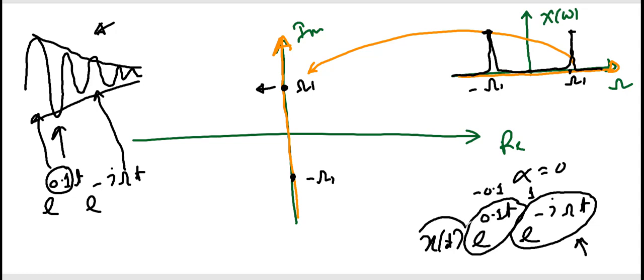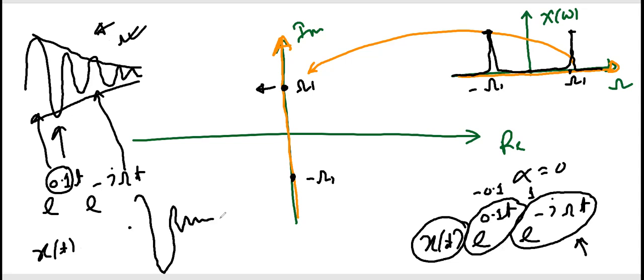Now, what about your x(t)? Is that known to you or unknown? That is unknown. Now you are doing the convolution between this signal and your x(t). Let's say your x(t) is like this. It is decaying very fast.